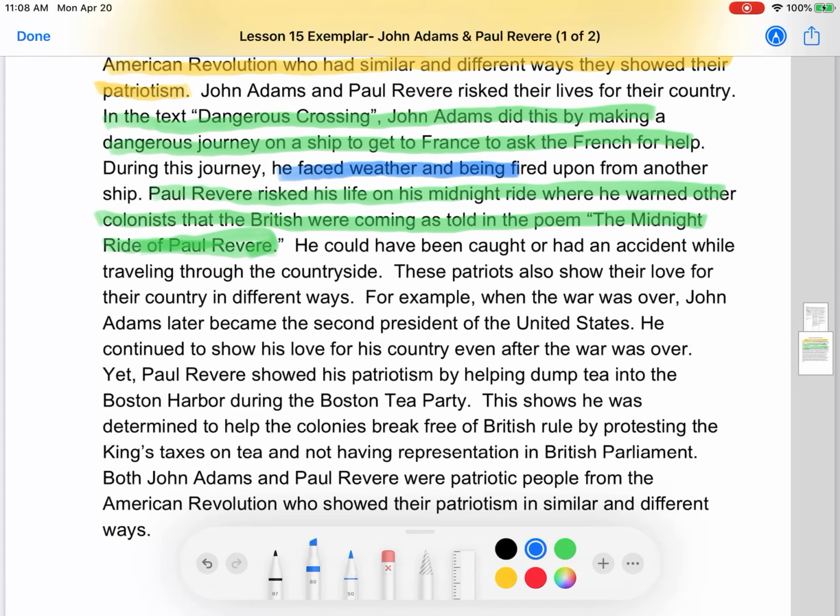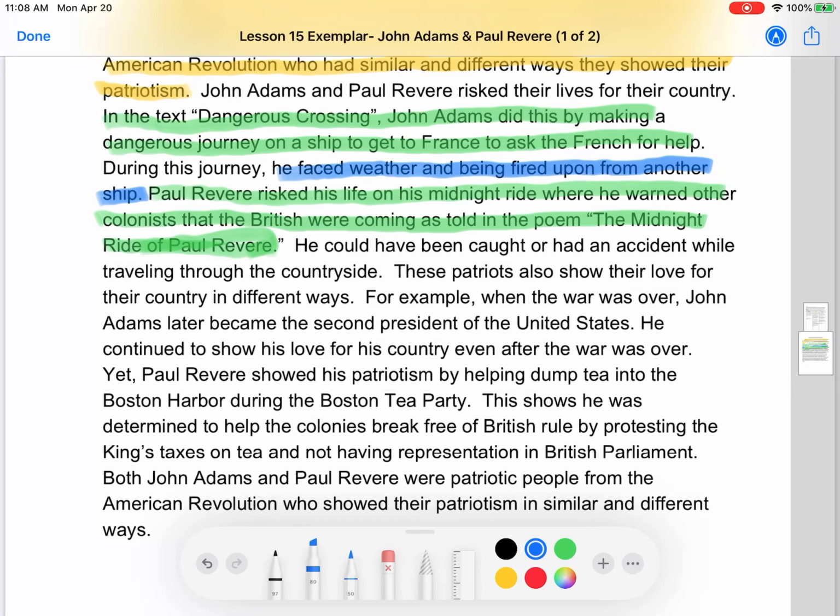Remember, it was called Dangerous Crossing. It was a dangerous crossing because of the storm, but also because they were at risk of being captured by another ship on their journey across the ocean. So, make sure that when you use a text detail, you're adding a little bit more of your own words explaining that to the reader.